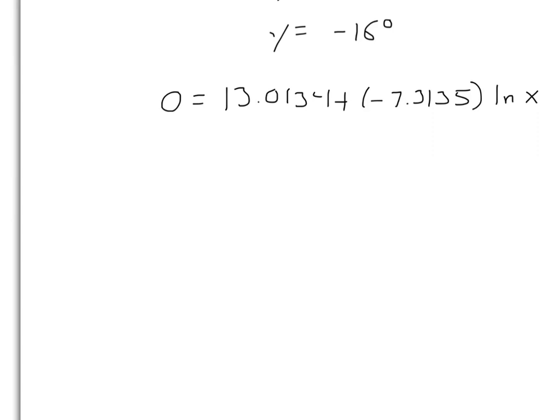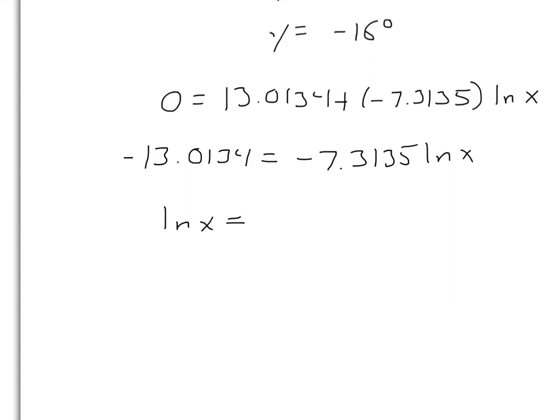Now I would want to simplify, and I would subtract my 13.0134, so negative 13.0134 is equal to negative 7.3135 ln of x. Divide by the negative 7.3135, and I get ln of x equal to 1.77937. We need to think back in the past. I want to get x by itself, but I have that natural log function there. We need to think back to the logarithmic and exponentials unit.